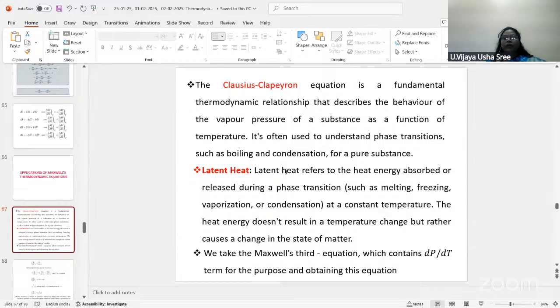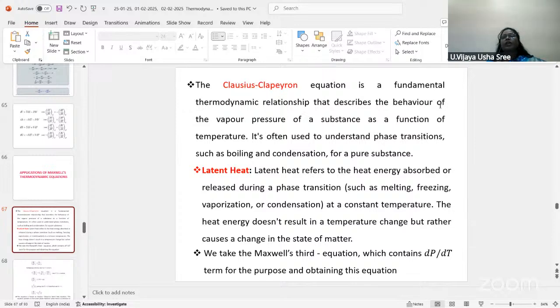Once again, latent heat is the heat energy absorbed or released during a phase transition, such as melting, freezing, vaporization or condensation. These are examples of phase transitions, and the phase transition happens at a constant temperature.